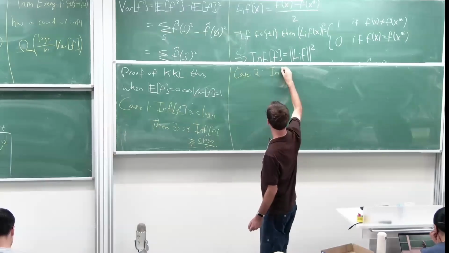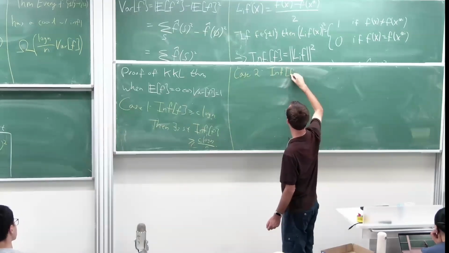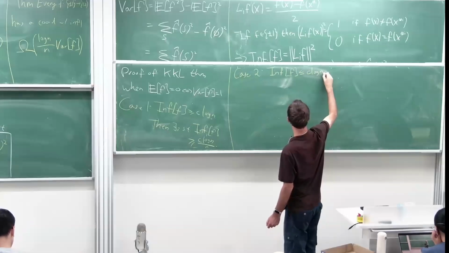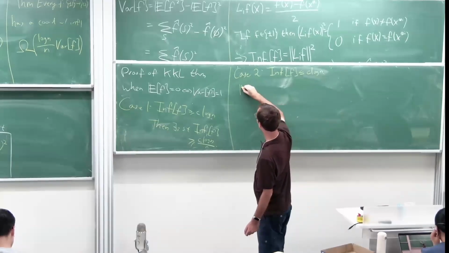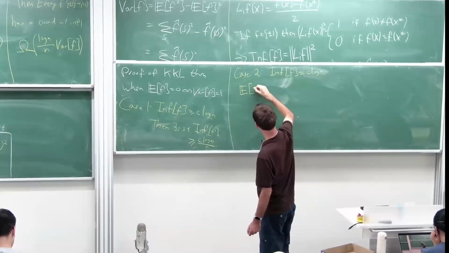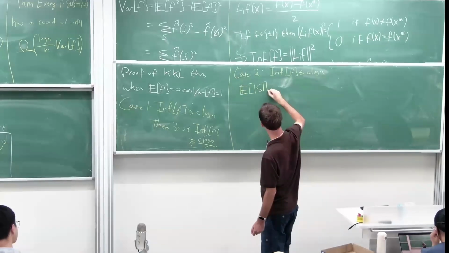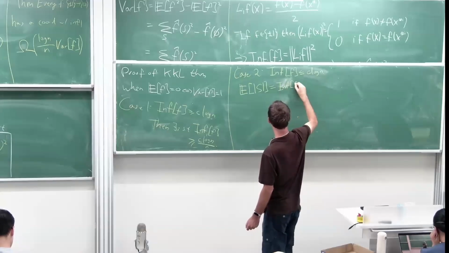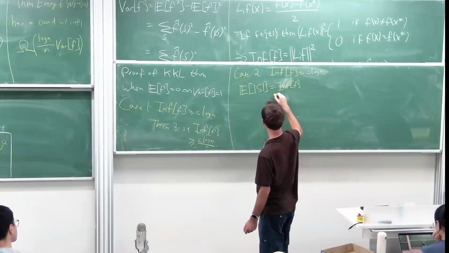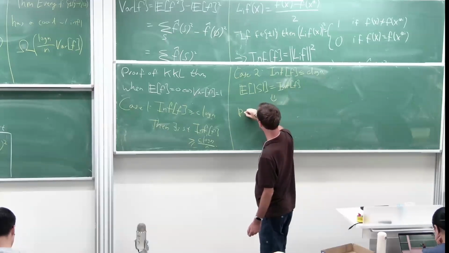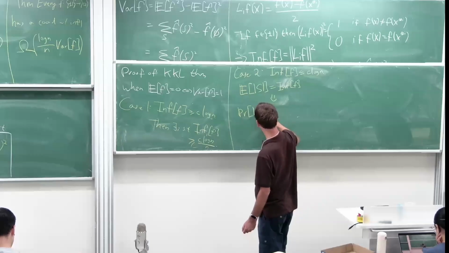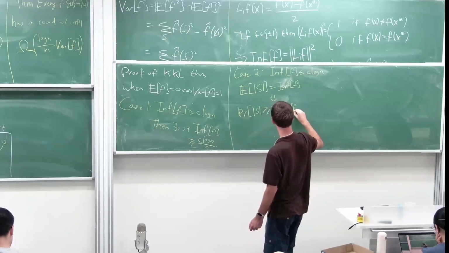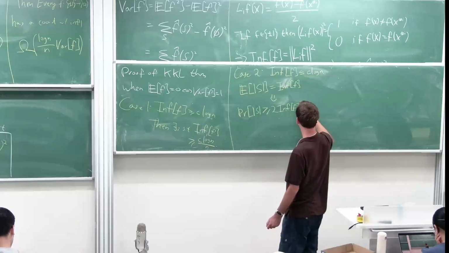So the influence of f is at most c log n. Now we recall that the expectation of this |S| is the influence of f. And so the probability that this |S| is more than twice the influence of f is at most a half.